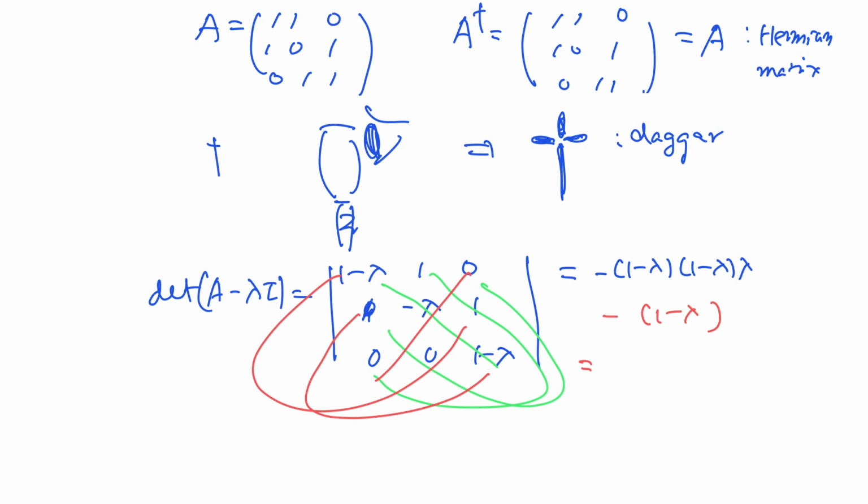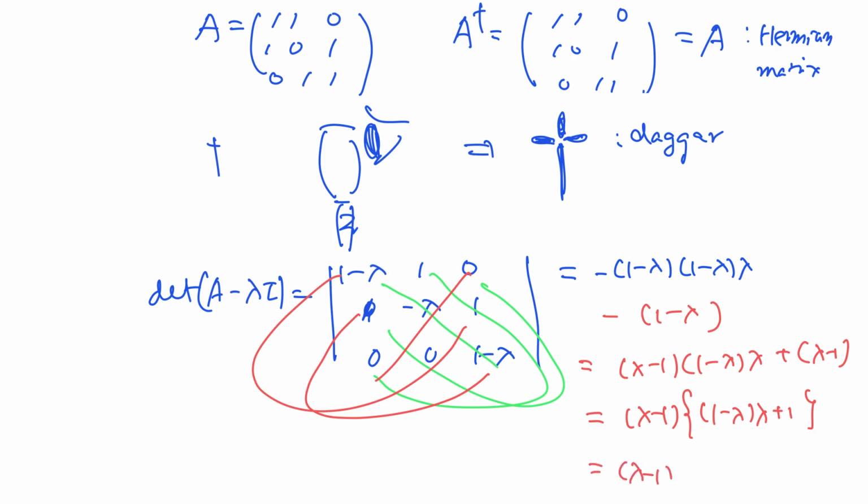Or you can put lambda minus 1, 1 minus lambda, lambda plus lambda minus 1.